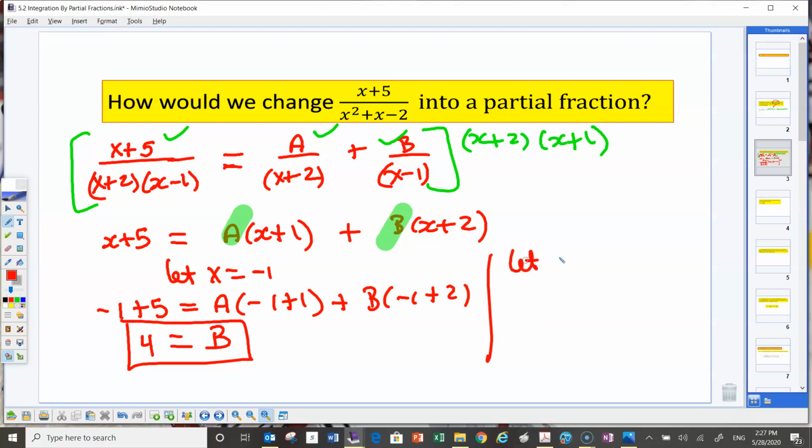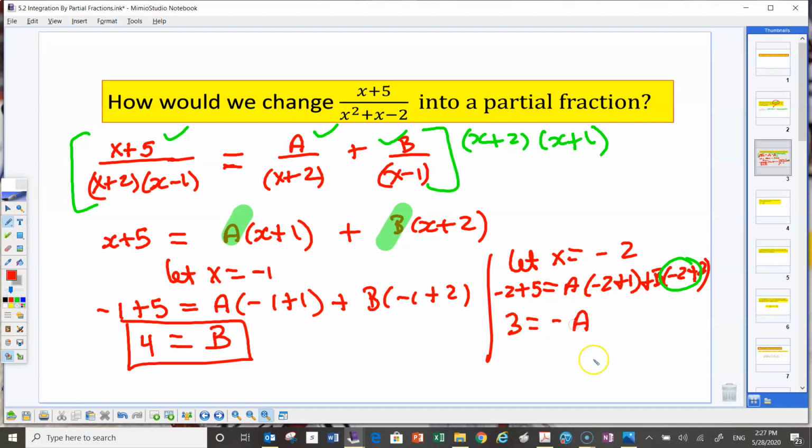Then if I let x equal negative 2, I get negative 2 plus 5 equals A times (negative 2 minus 1) plus B times (negative 2 plus 2). This time, the B term is going to be 0, so that drops off, and I'm left with 3 is equal to negative 3A.